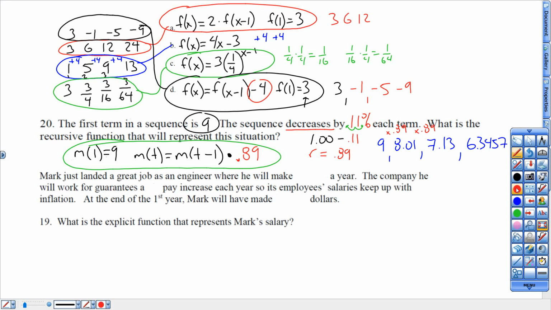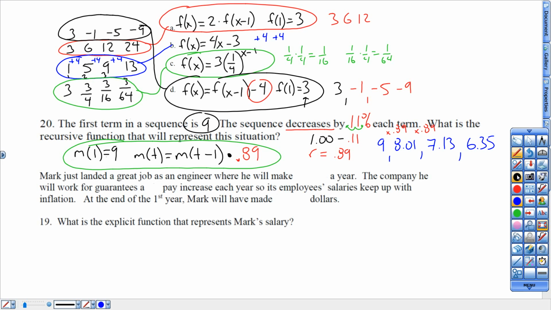Remember, rounding to here, you're looking at this number to indicate whether to round that number up or not. 5 or more, that 4 goes up by 1. 4 or less, I would leave that alone. So that rounds up to 6.35. And you can see those numbers are going down slowly.